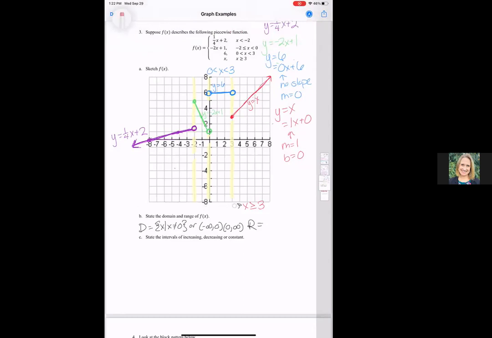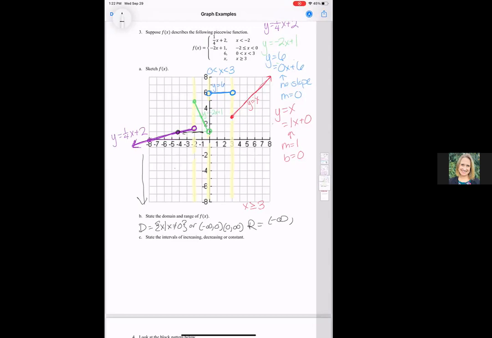And now, likewise with the range, look up and down, look all the way up. Starting here, because this purple goes all the way to the left, that means it's going all the way from negative infinity. And even though, look here at this open circle at y equals 1, it is defined. We have this point here. And so all of that matters for the range. For the domain and the range, across any point in the graph, is there a y value for the range?